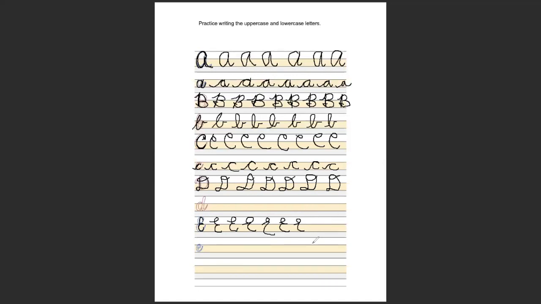If you look at your letters and there's one that you really don't like and you want to fix it, you can always erase it and try again. The more you practice doing this, the easier it will feel.